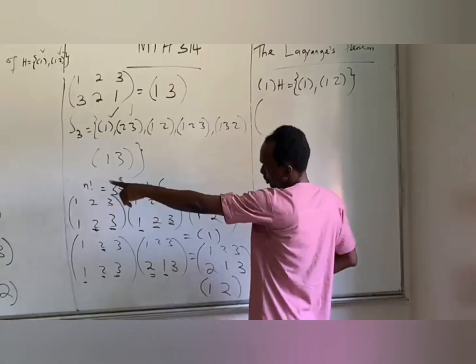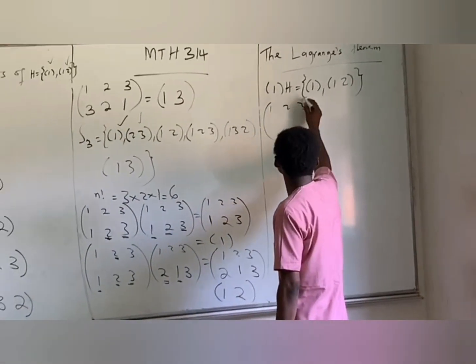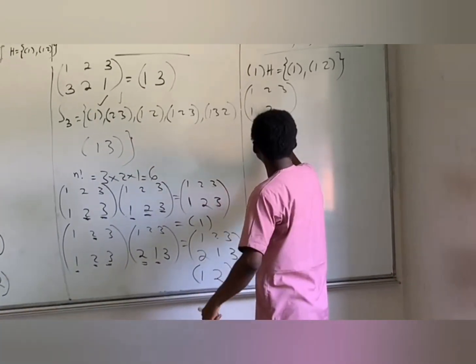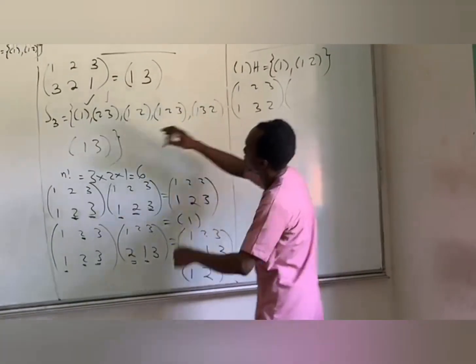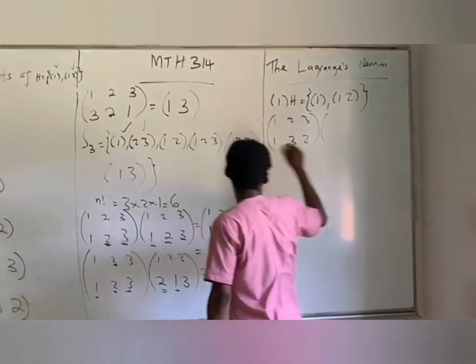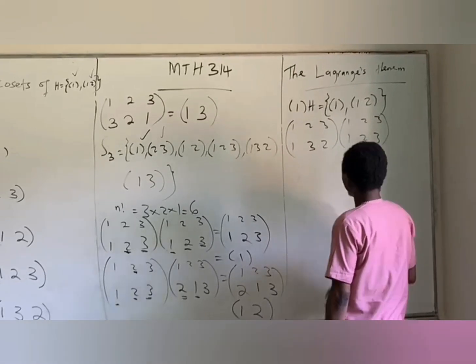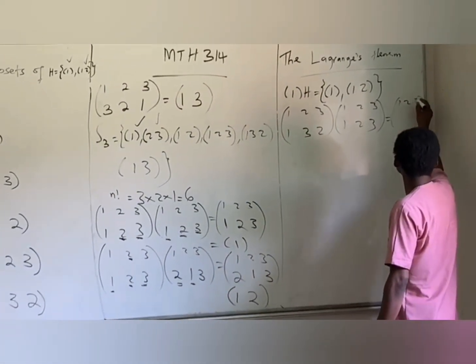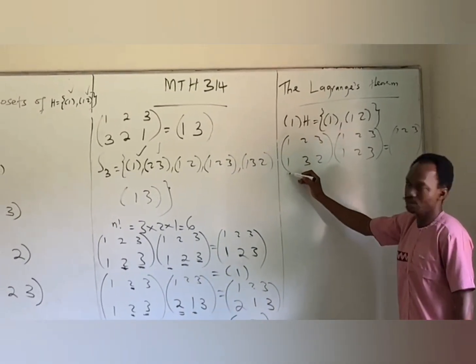2, 3. What is the permutation for 2, 3? 1, 1. The permutation for 2, 3 is 1, 3, 2. So multiply by this one first. Can you see? So let's multiply. 1, 2, 3. 1 is to 1. 1 is to 1.